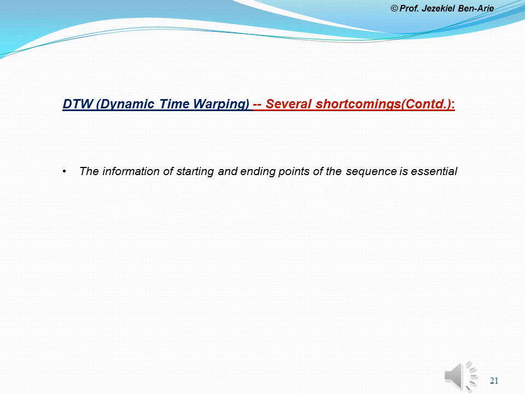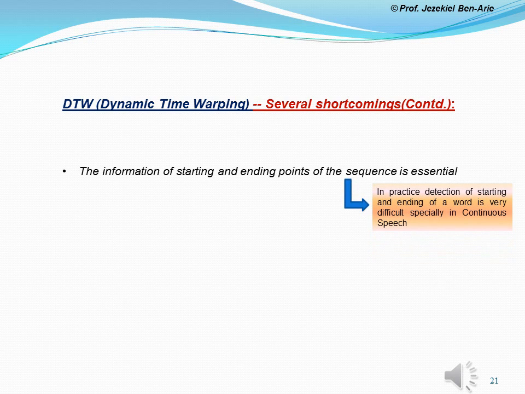This element could be dominant and change significantly the total distance of the path. Another problem with DTW is that we have to know the exact location of the starting and ending point of each sequence. This is a major problem because when we deal with continuous speech, there are no pauses between words, and therefore it is very difficult to find the locations of startings and endings.